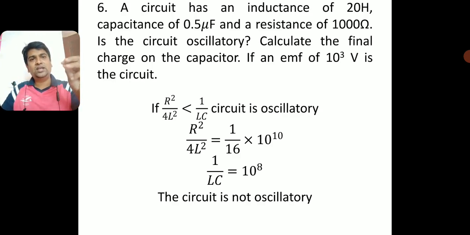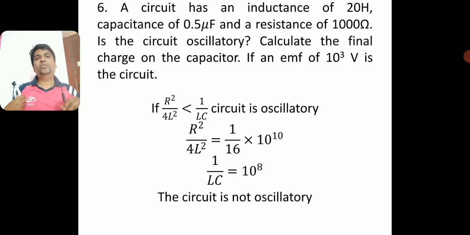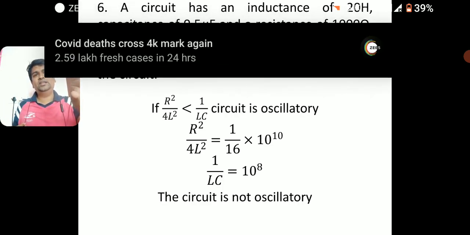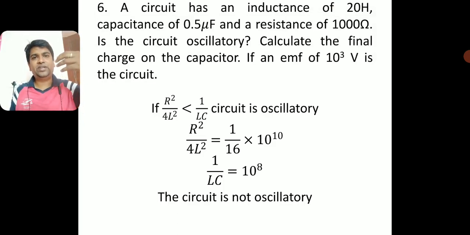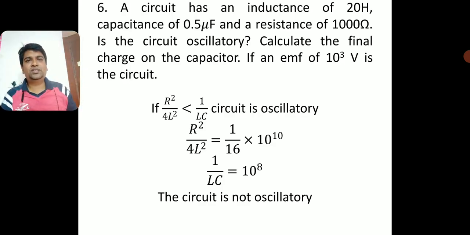In the last case, if this particular condition is satisfied, then the circuit is said to be oscillatory. So we need to know whether this condition is satisfied with the given data or not. If it is satisfied, then it's very clear that the circuit is oscillatory. So first check whether this condition is satisfied or not.